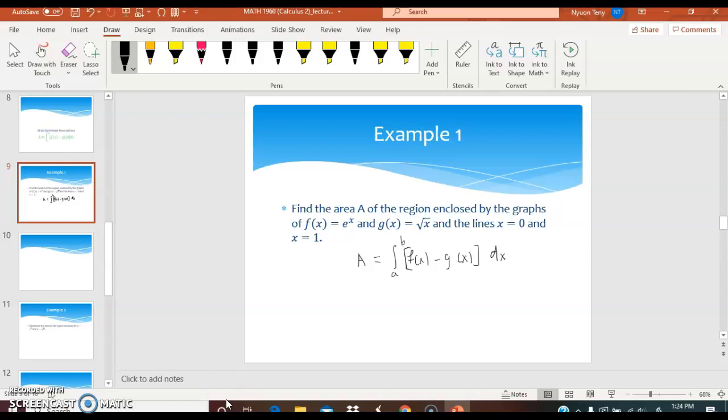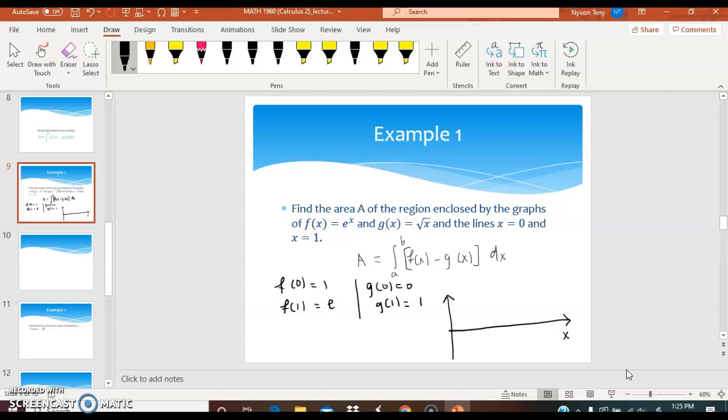So first, when we plug in 0, f of 0 is equal to 1, f of 1 is equal to e. For the other function, g of 0 is equal to 0, and g of 1 is equal to 1. So if we sketch these functions, this is my x-axis and this is my y-axis.